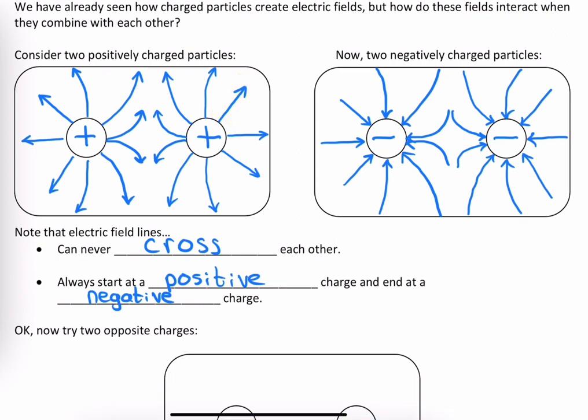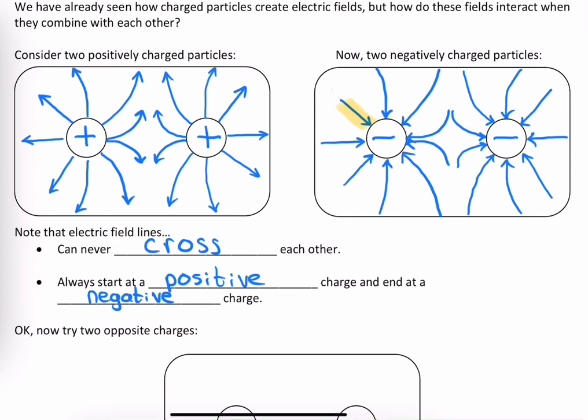Similarly, on this side, this line here, I've shown ending at my negative charge, but in reality, it would continue on forever, coming from somewhere else in the universe that I haven't bothered to draw, and where it originated, where it started, would have been at a positive charge.